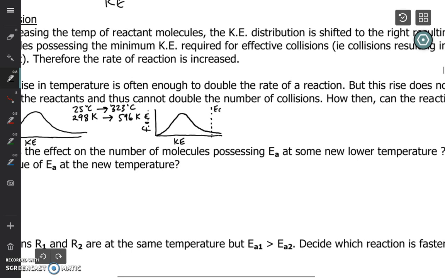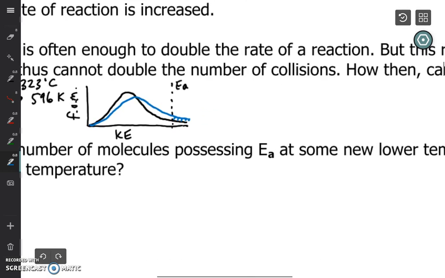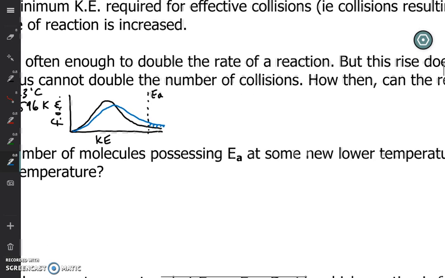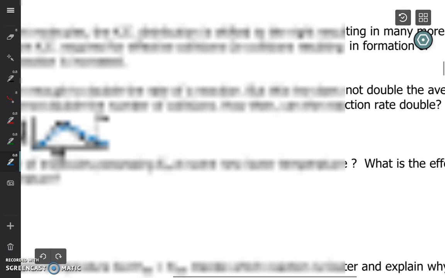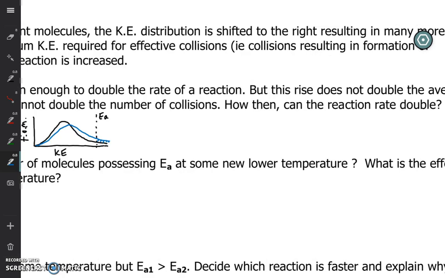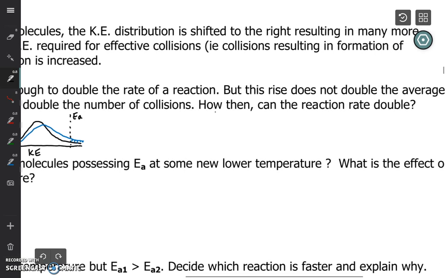And because of that, a very modest change in temperature will shift the curve subtly, but sufficiently, so that there is a significantly larger fraction of particles that has that activation energy. So you don't need to double the kinetic energy in order to double the rate. All you need to do is double that fraction of molecules. So to answer the question, how then can a subtle change in temperature double the rate of reaction?